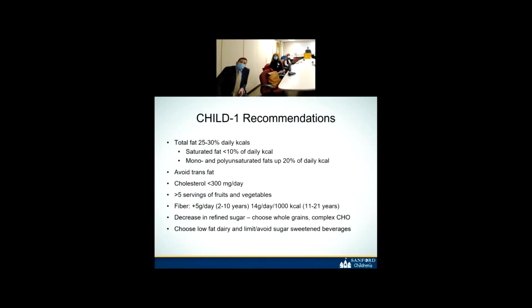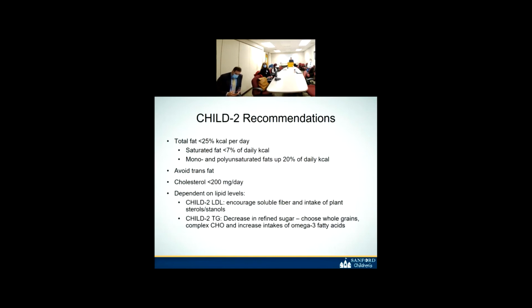When we talk about diet, I put these here so that you guys can have them as well, but our dietitians will usually review child 1 recommendations and child 2 recommendations with the family, and we're targeting total fat intake, cholesterol, servings of fruits and veggies, fiber, decreased refined sugars, and then again avoiding extra fats through low-fat dairy and avoiding sugared beverages.